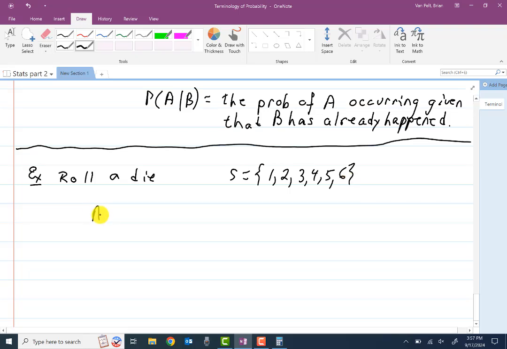So here, I'm going to let A be the event of getting either a 2 or a 3, and I'm going to let B be the event of getting 2, 4, or 6. Basically, B is the even numbers there. So when I look at A and B, they have only 2 that they share in common.